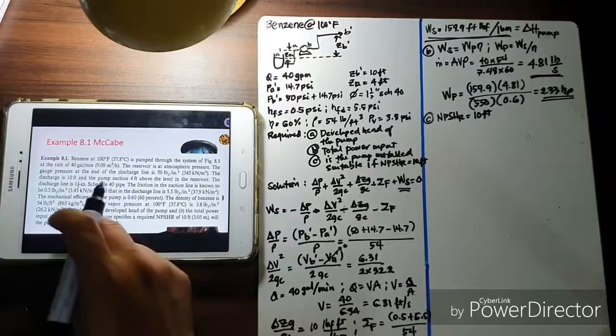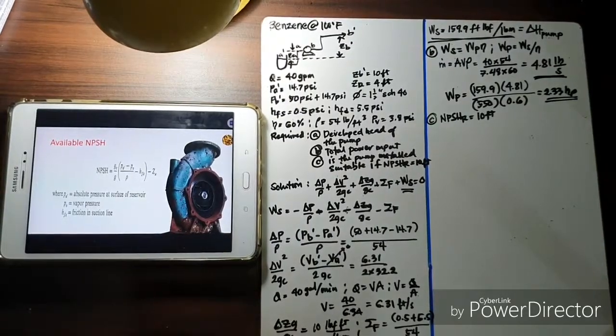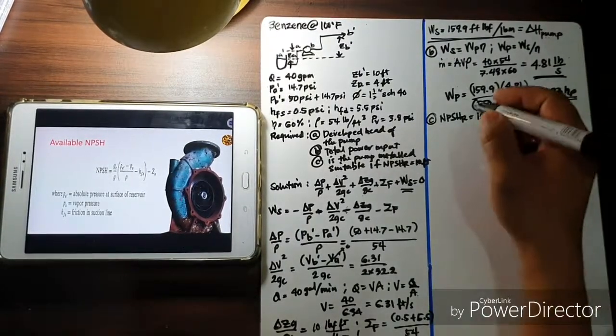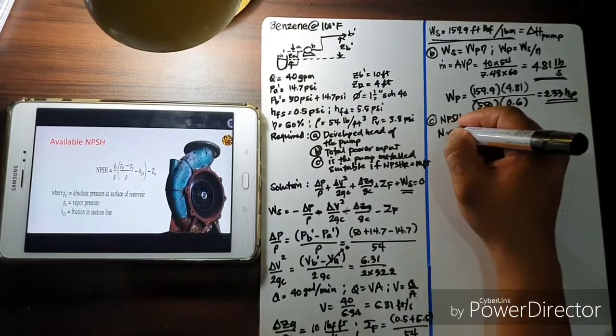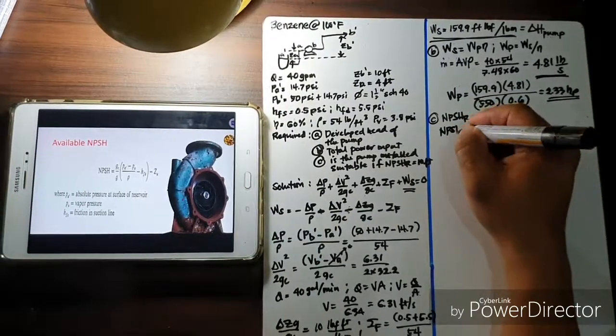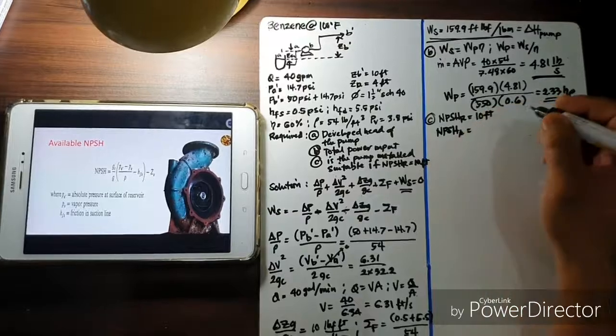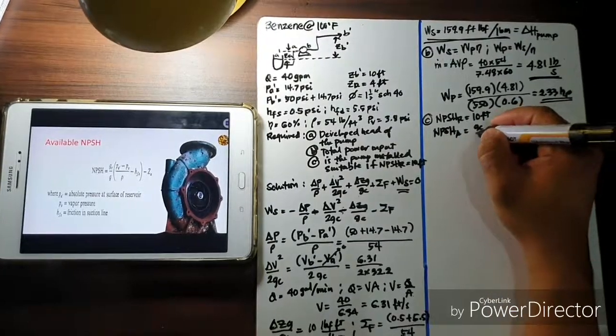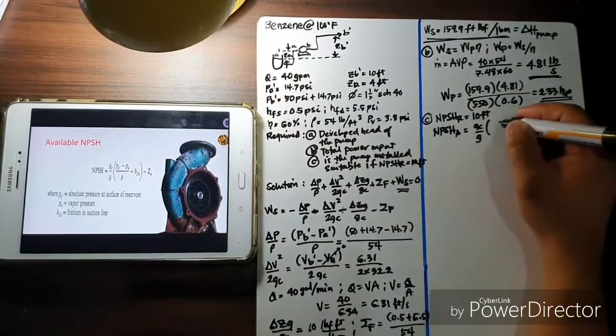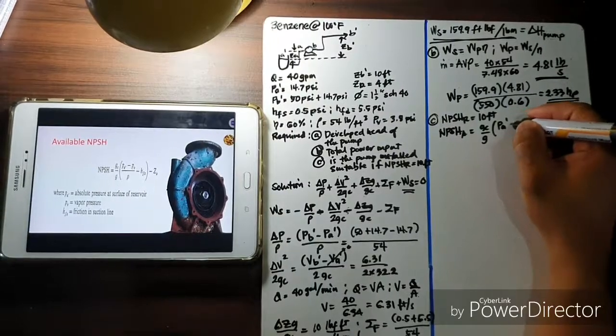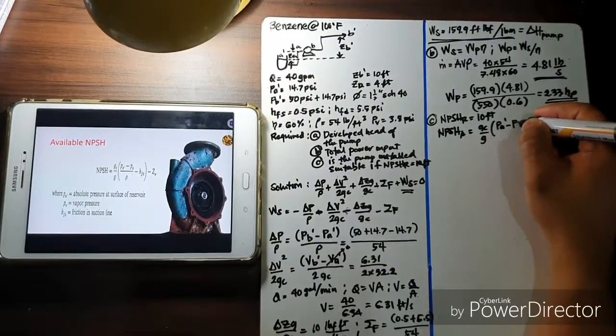Remember, the equation for the calculation of the NPSHA, or available, is NPSHA equals gc over g multiplied by PA prime minus PB, divided by the density.